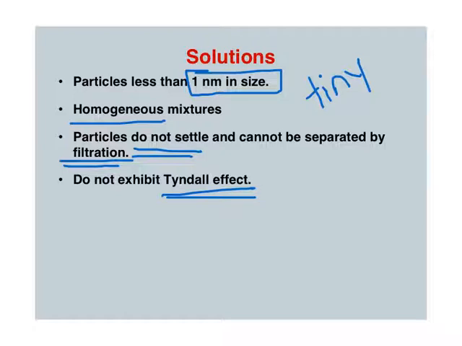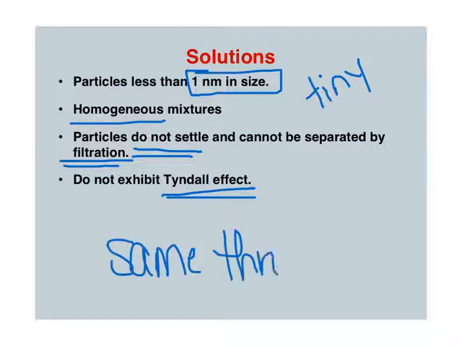I would say that these tend to be clear or the same color throughout, but sometimes they aren't, okay? You just need to keep in mind, you have very small parts. They look the same throughout. Therefore, they're homogeneous. The particles will not settle, and it does not scatter light.